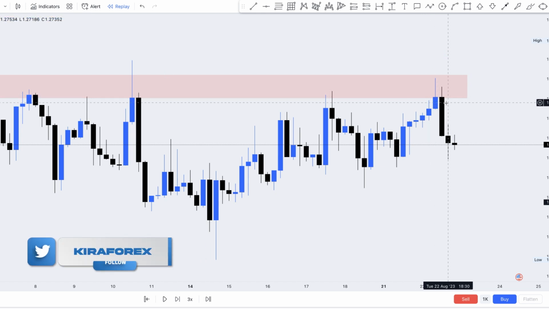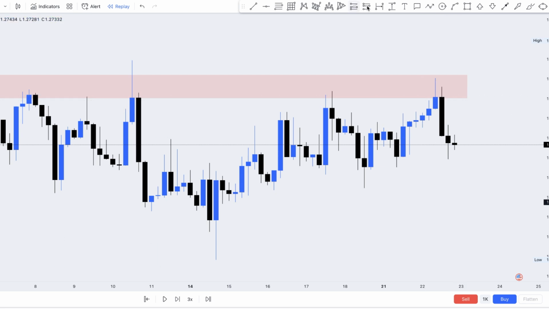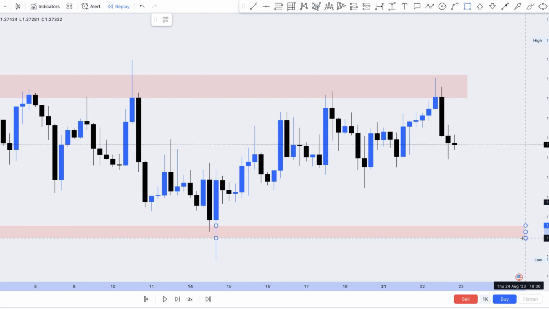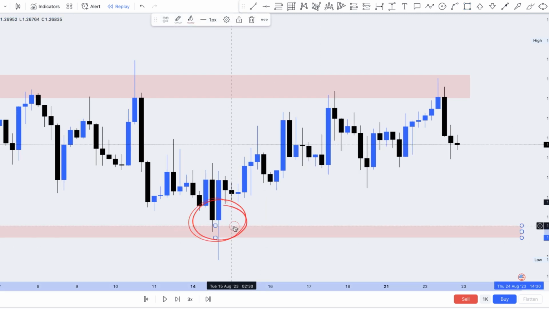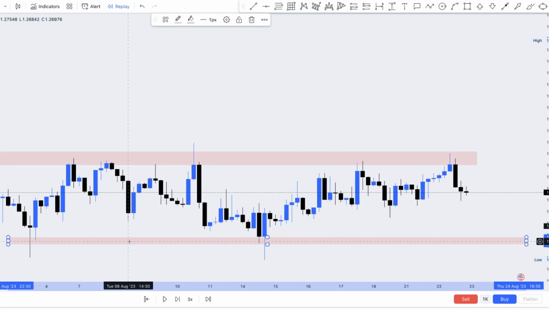I also consider a different entry approach, but for now let's concentrate on this one. I've seen an engulfing candlestick, so what will I do? I just enter my sell and take profit at the nearest key level. So this is the nearest key level.